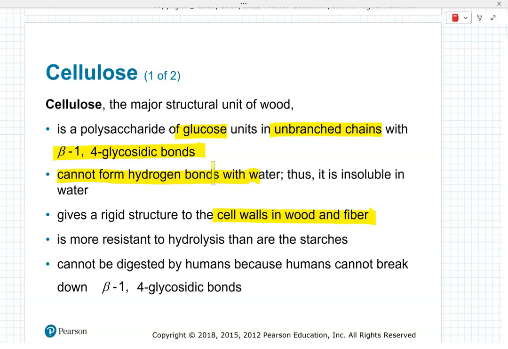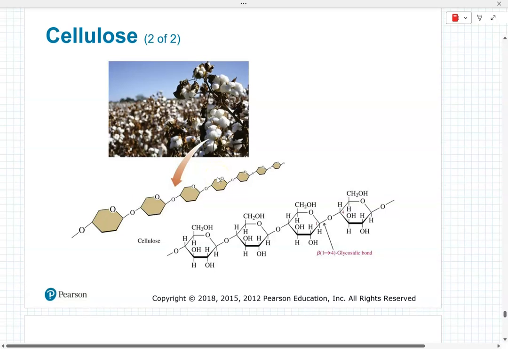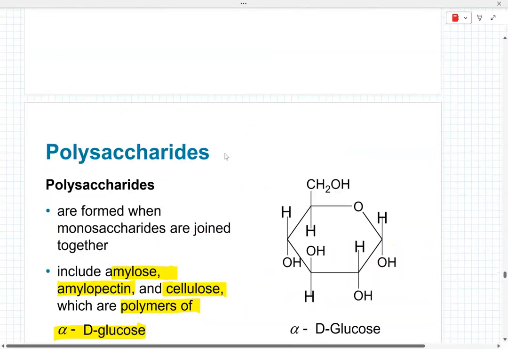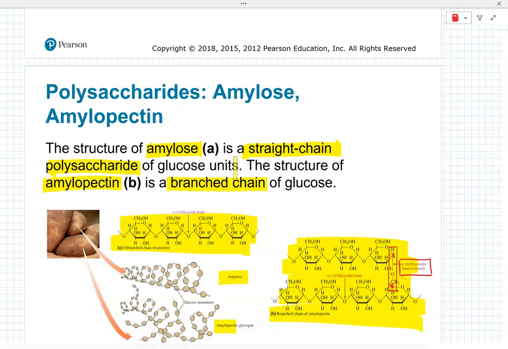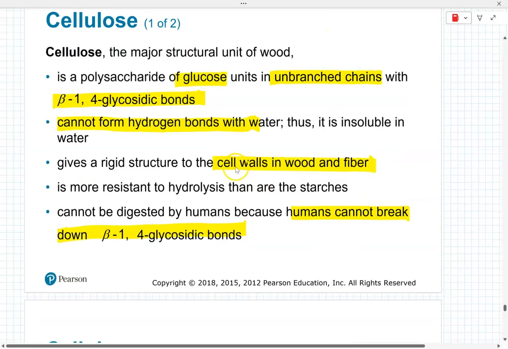But there's another interesting feature. We, humans, cannot break down beta-1,4-glycosidic bonds. So, this is beta-1,4-glycosidic bond. Sorry, I'm going to go all the way up. This is alpha-1,4-glycosidic bond. They are very different. Does that make sense? So, we can't break down cellulose.